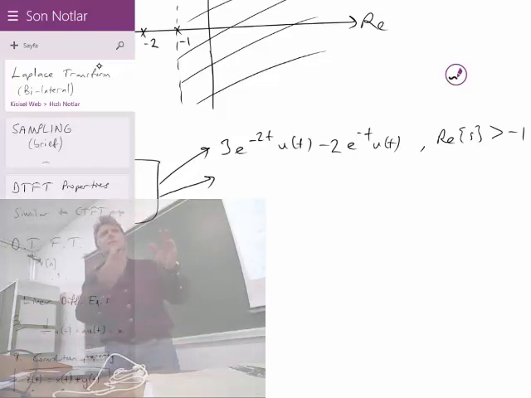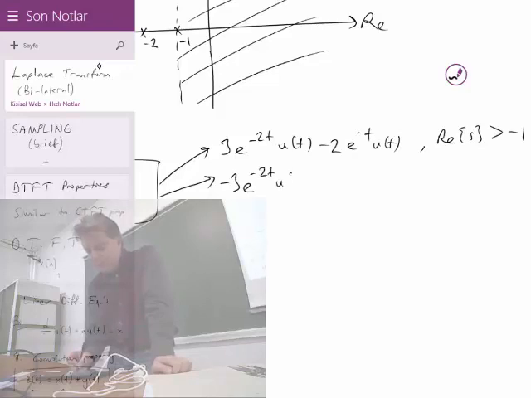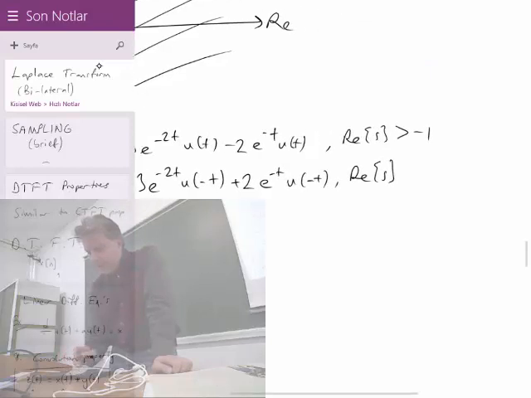Let's make all of them left-hand sided versions. Then the signal also becomes negative. So minus 3e to the minus 2t u of minus t plus 2e to the minus t u of minus t if real part of s is less than -2.